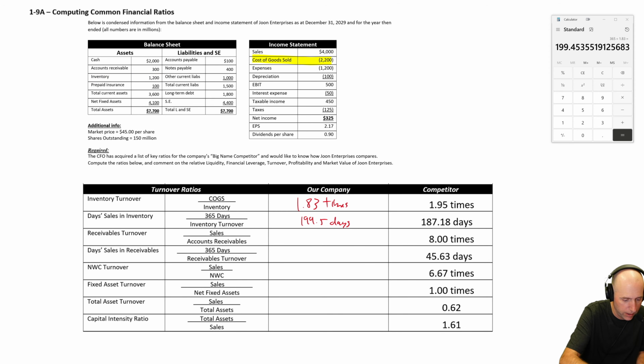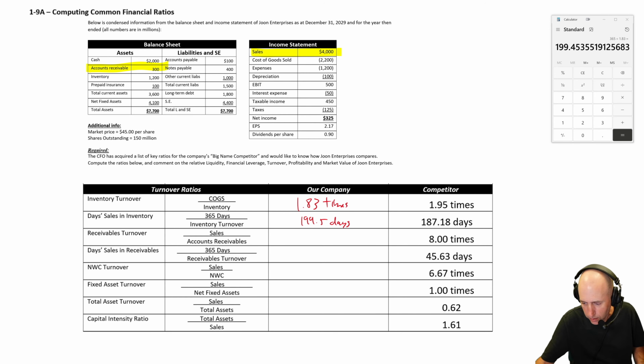Sales divided by AR for receivables turnover. There's our sales. There's our AR. 4,000 divided by 300 is 13.33 times.